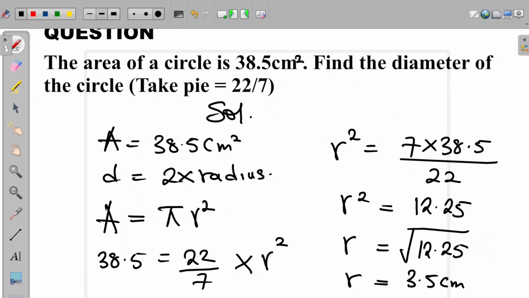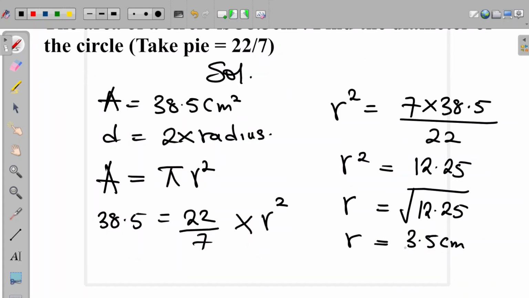But we are asked to obtain the diameter of the circle. So the diameter is equal to 2 times r, which is 3.5 times 2, equal to 7 cm. Therefore, the diameter of a circle that has area 38.5 cm squared is 7 cm.